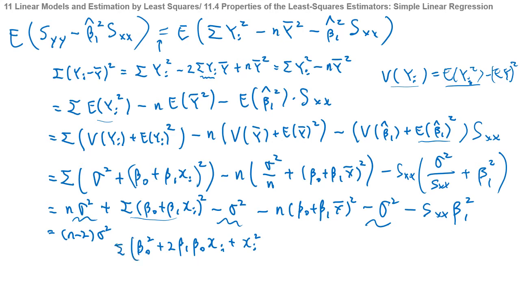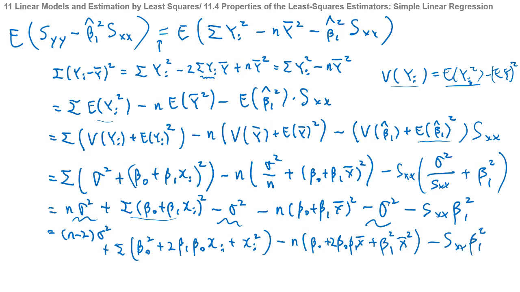Sum of this thing, minus n times beta 0 square plus 2 times beta 0 beta 1 x bar plus beta 1 square x bar square, and minus sxx beta 1 square.